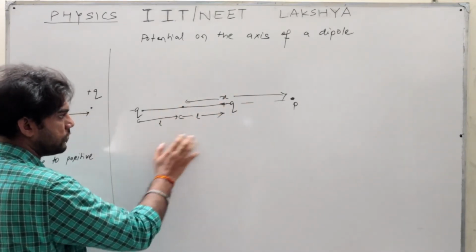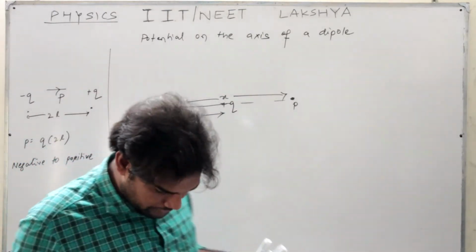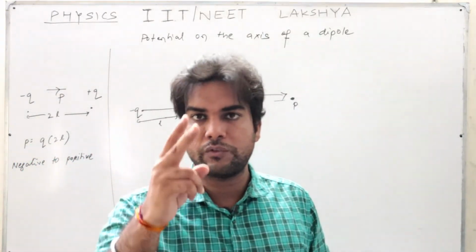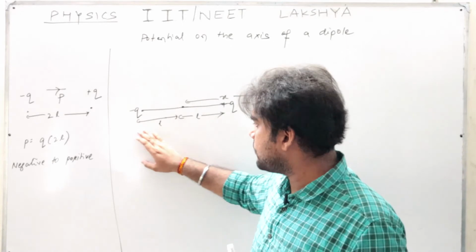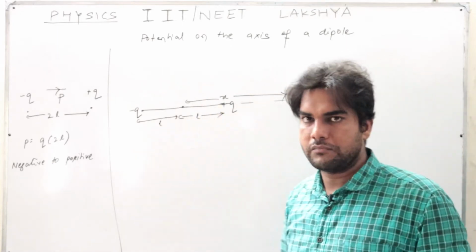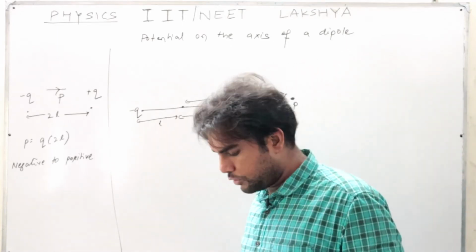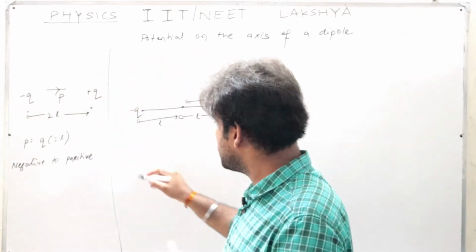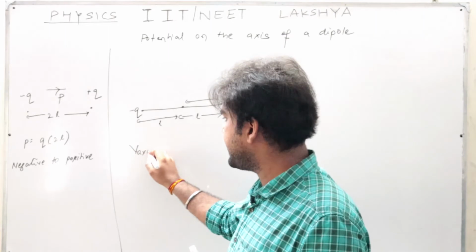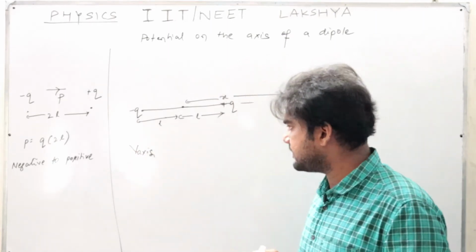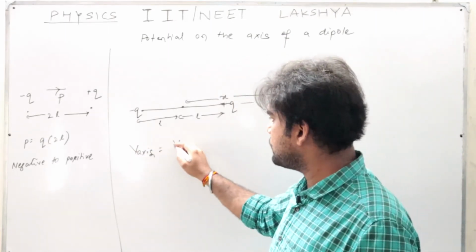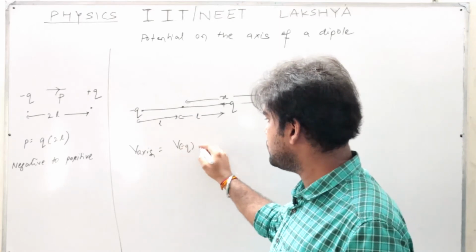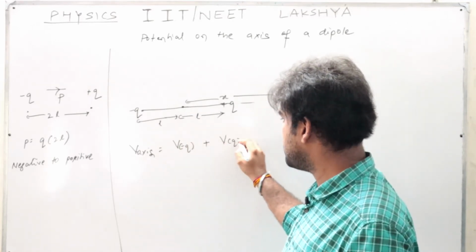Distance between them is 2L. So obviously this dipole consists of two charges, one negative charge and one positive charge. So we can write the potentials due to the two charges separately, and we can add them because potential is a scalar quantity. So let me write like this. Potential at the axis is potential due to charge minus q plus potential due to charge plus q.